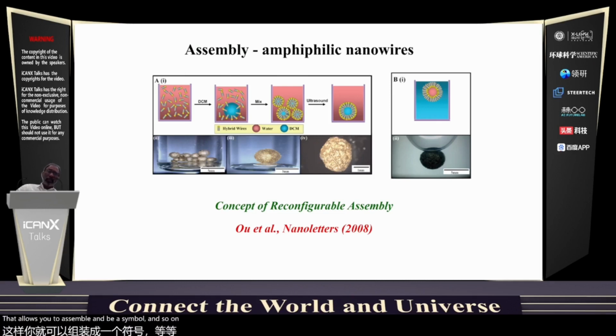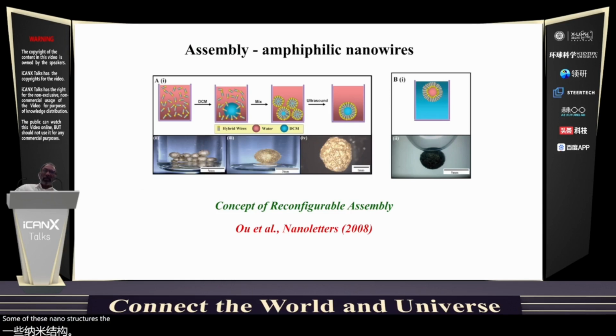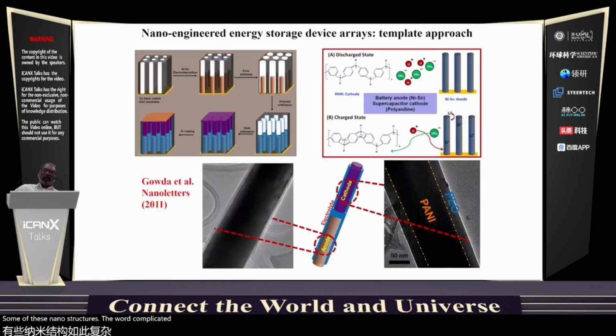And again, with molecular clusters, this might be a much easier proposition, but as you increase the complexity and the dimensions of some of these nanostructures, this is quite complicated. And this templating approach also allows you to put multiple components into the same nanowire system.